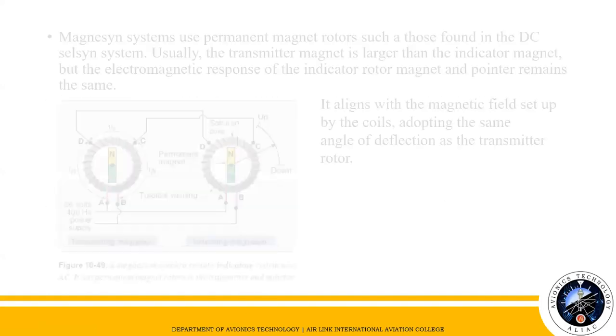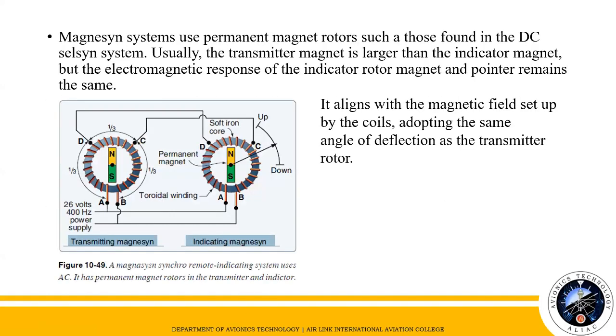Next slide. Yan. So, yung magnesyn system, gumagamit siya ng permanent magnet rotors such nakikita nyo in the DC synchro system. So, the transmitter is larger than the indicator. Okay. Ganun din. Pwedeng ganito.